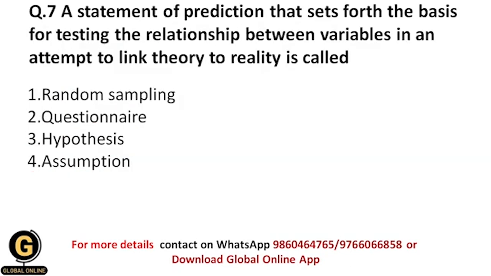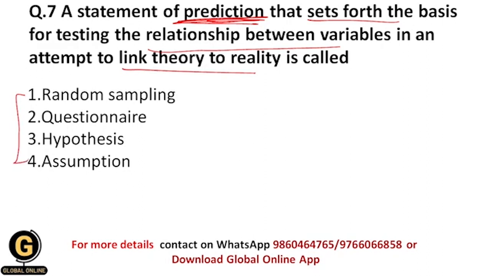Okay. A statement of prediction. Now here focus on the word prediction, that sets forth the basis for testing the relationship between variables in an attempt to link theory to reality is called. So from these options, which is the statement of prediction? This statement of prediction gives us a basic idea for testing the relationship between the variables.